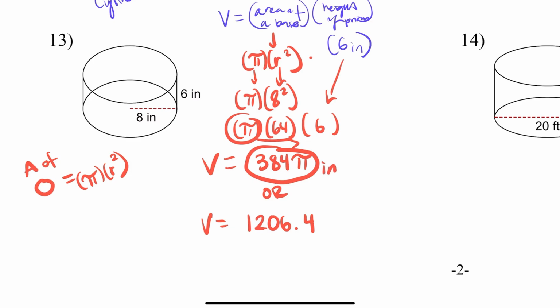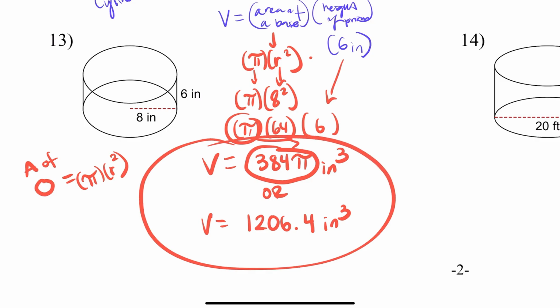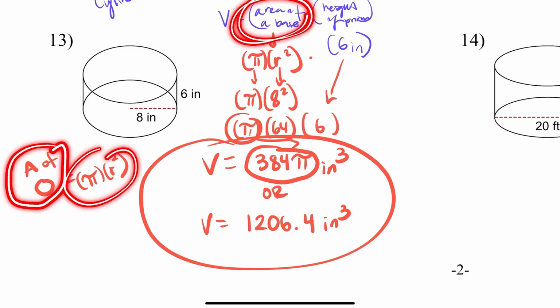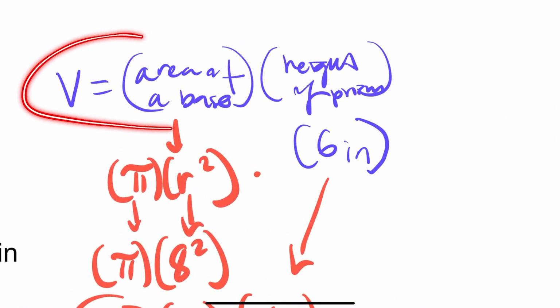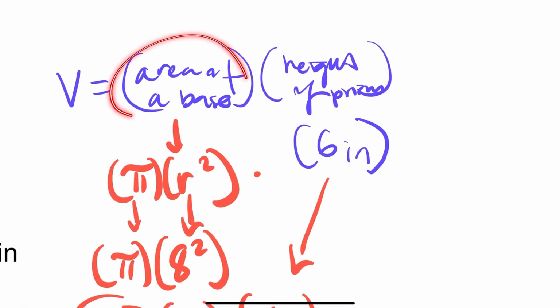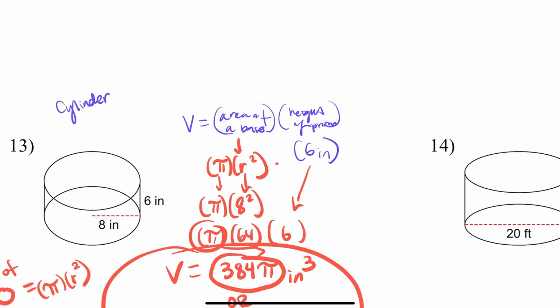The units are inches cubed. And so that's how you do that. The only thing that's different about cylinders, like I said, is remembering the area of a circle, remembering how to find the area of that base. But every single time we've been doing volume, it's just area of the base and the height of the prism.